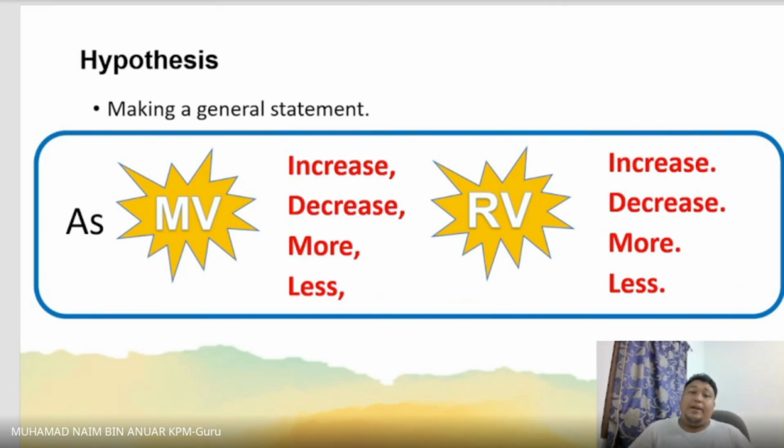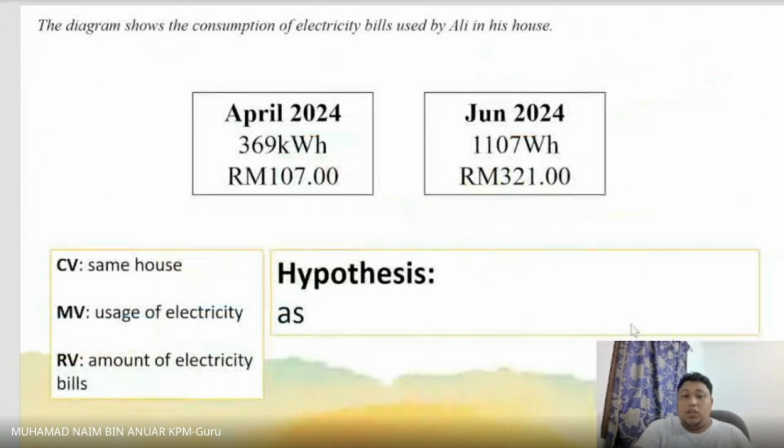So how to write the hypothesis? The formula is: as MV increases, decreases, more, less, RV increases, decreases, more, less. So many words. Actually, no. Let's see this question.